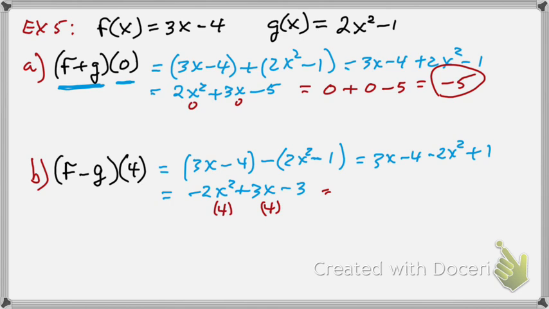So here, 4 squared is 16 times negative 2, minus 32. X is 4 times 3, that's 12 minus 3. So negative 23.